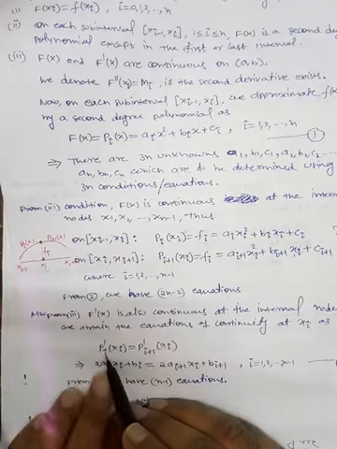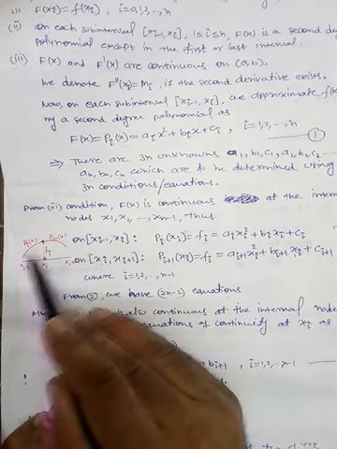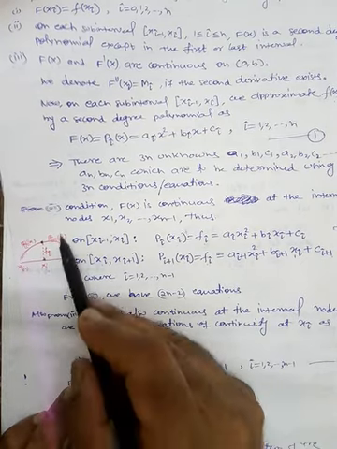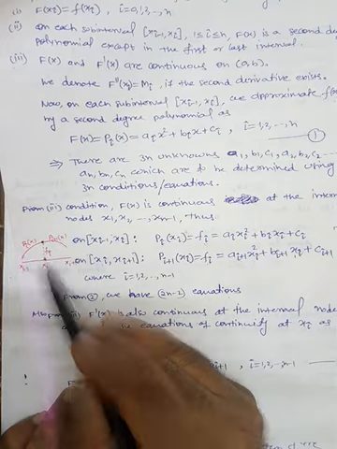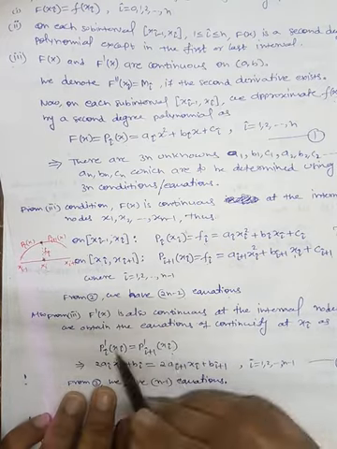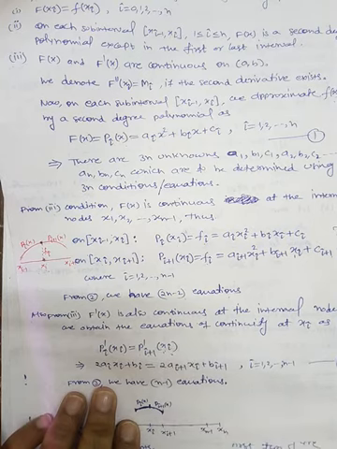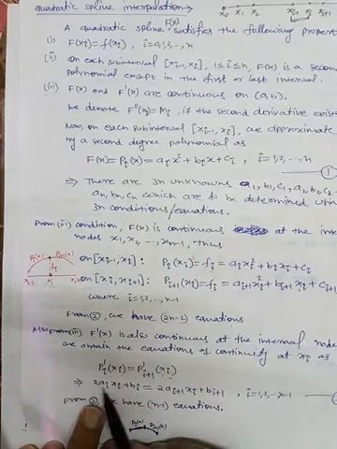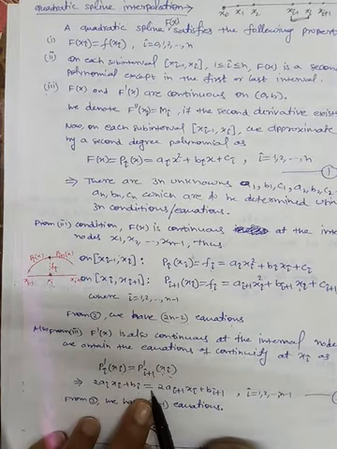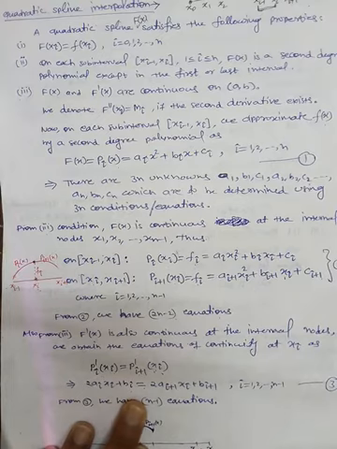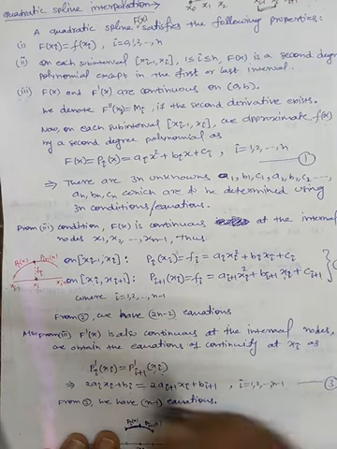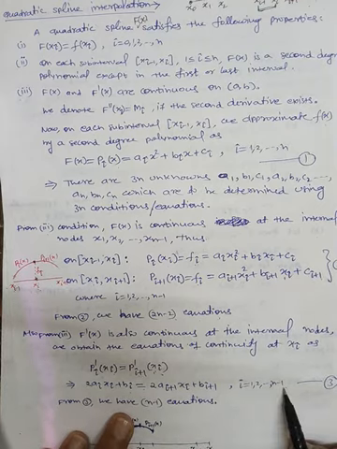So P_i'(x_i) is equal to the derivative of the next polynomial at the same point, P_{i+1}'(x_i). Now differentiate: we get 2a_i x_i plus b_i is equal to 2a_{i+1} x_i plus b_{i+1}. Here i varies from 1 to n minus 1.